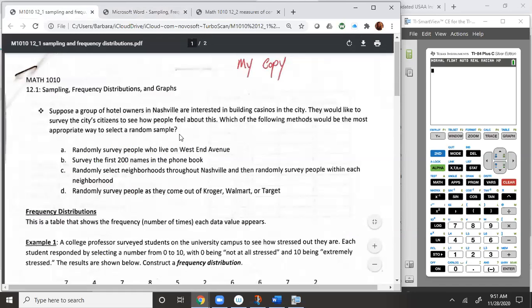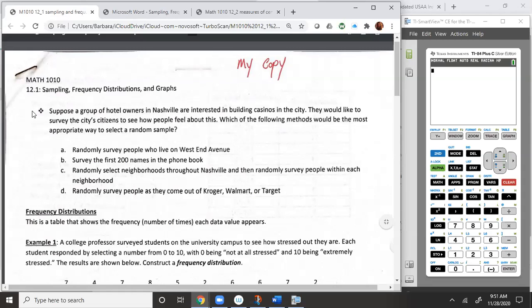So let's go back to our handout. Suppose a group of hotel owners in Nashville are interested in building casinos in the city. They would like to survey the city's citizens to see how people feel about this. Which of the following methods would be the most appropriate way to select a random sample?